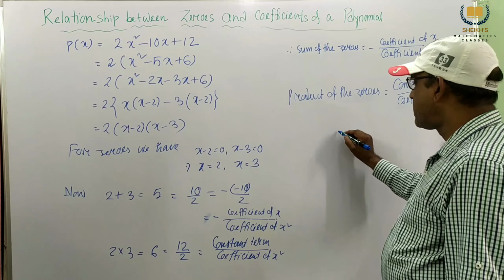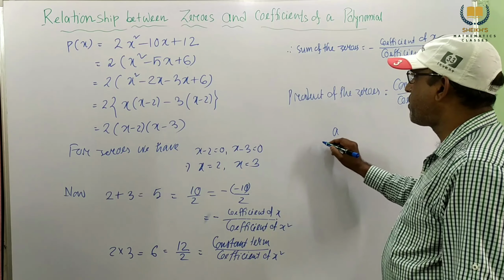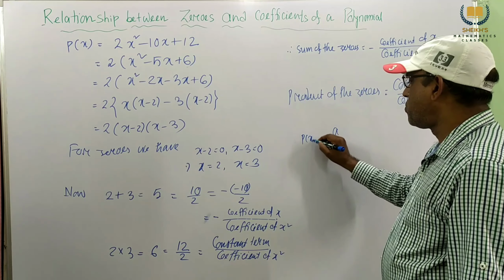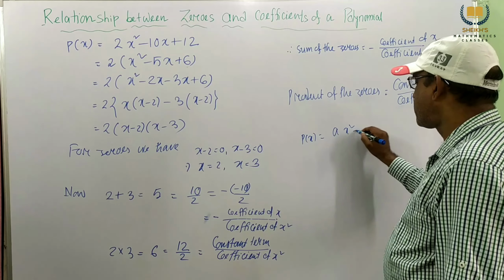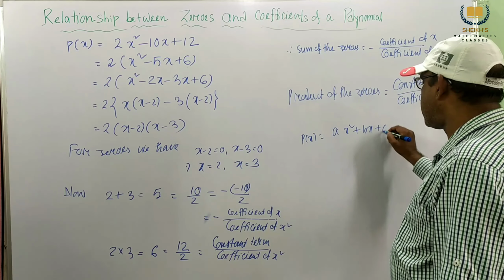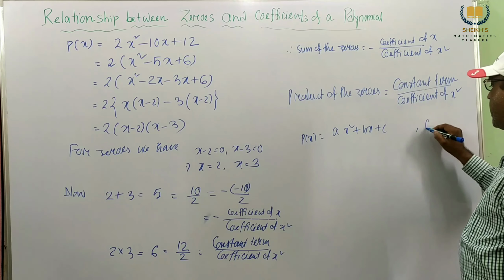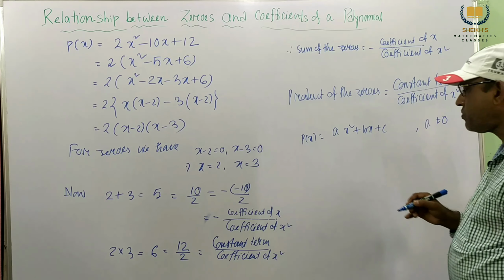Now suppose this is a quadratic polynomial, p(x) = ax² + bx + c, where a is not equal to 0.